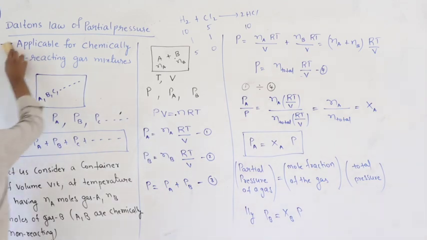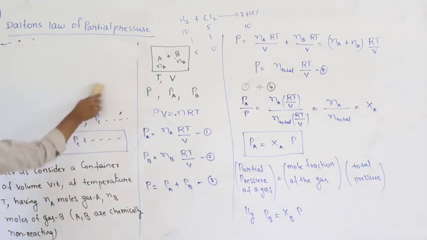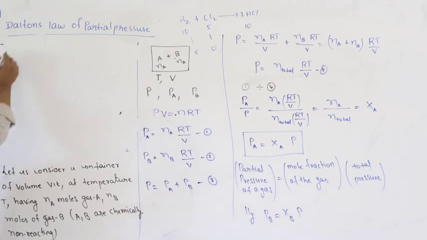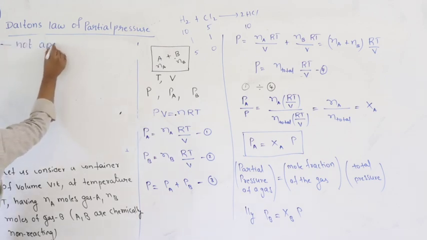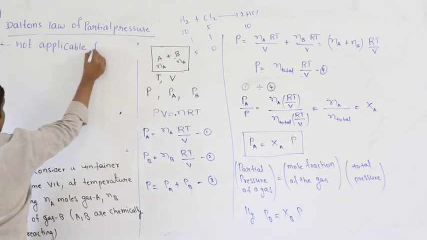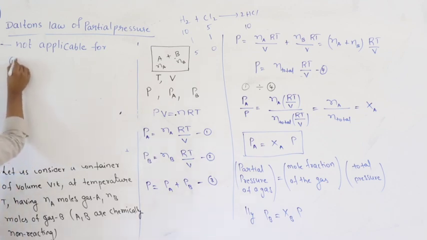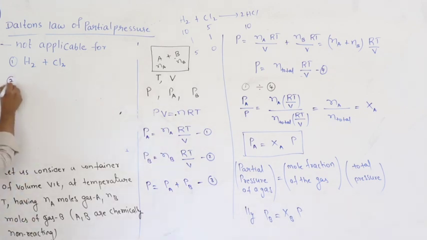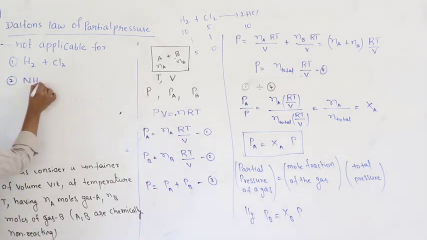So Dalton's law is not applicable for these mixtures. You can say H2 and Cl2, because they will react even under normal conditions. Ammonia and HCl, they readily react, acid and base.